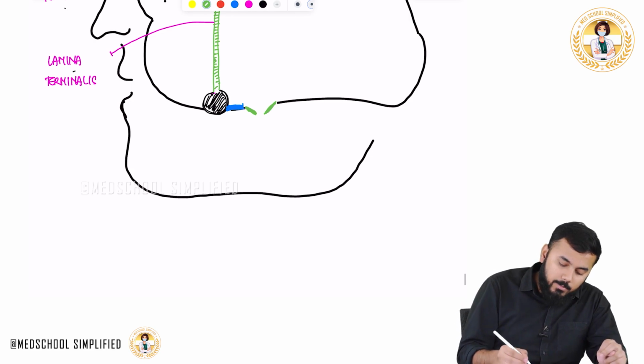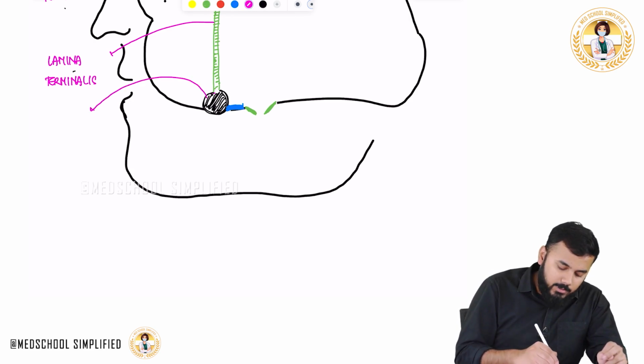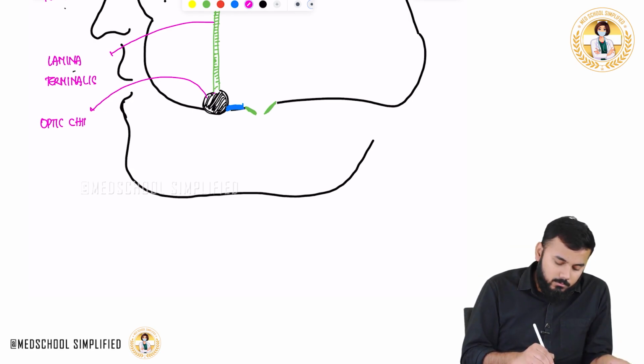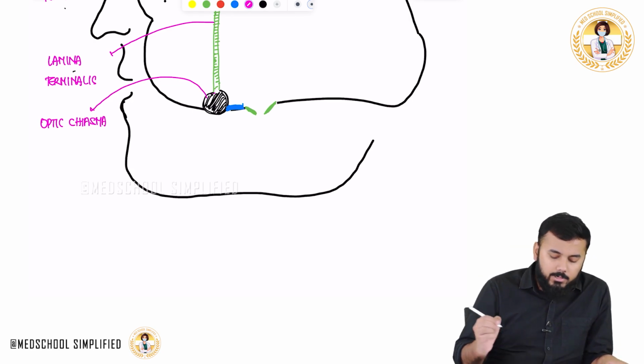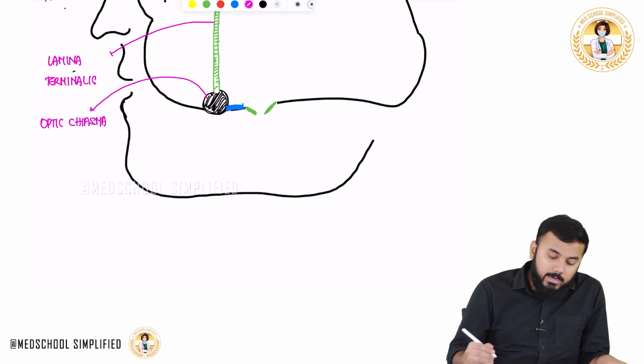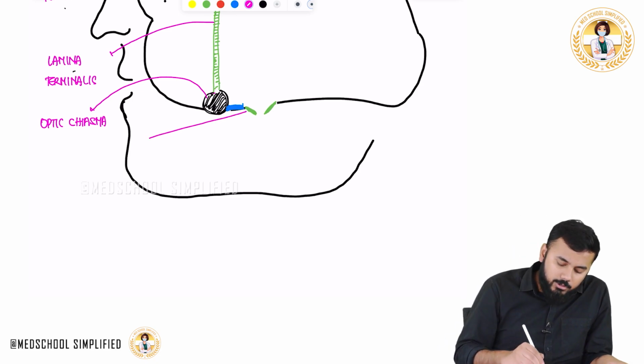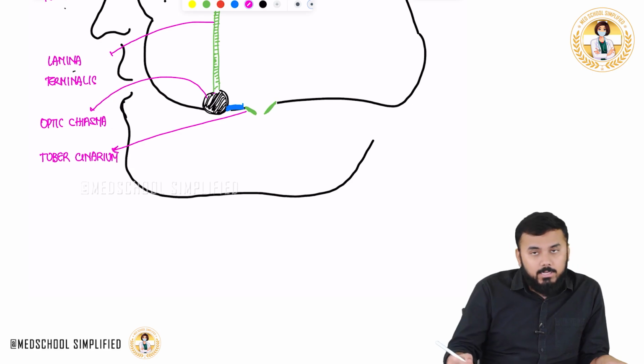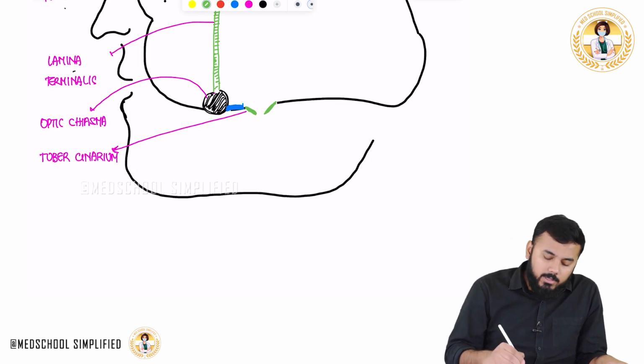So this particular part over here is your optic chiasma, and behind that, this part over here is called as your tuber cinereum. Tuber cinereum.